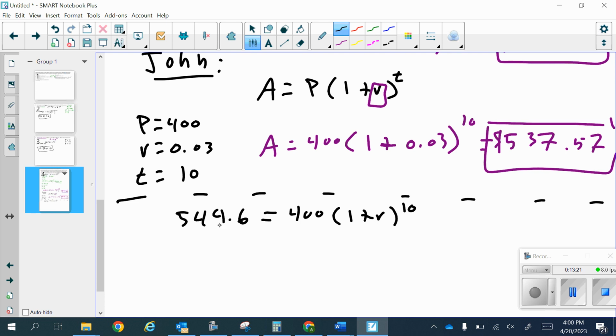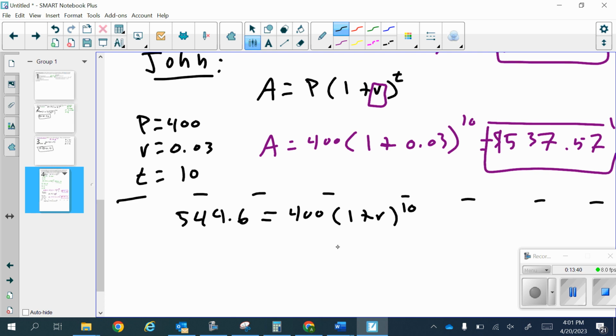So I plugged everything in, so I know what my ending balance needs to be. I want John to have an ending balance of at least $544.60. And I know it's going to be 10 years, and I know his initial amount was 400. What I don't know is, what does the rate have to be to make all this true? And that's what we're going to solve for.